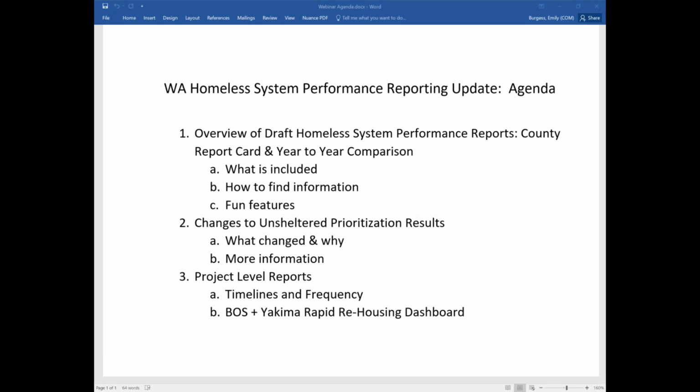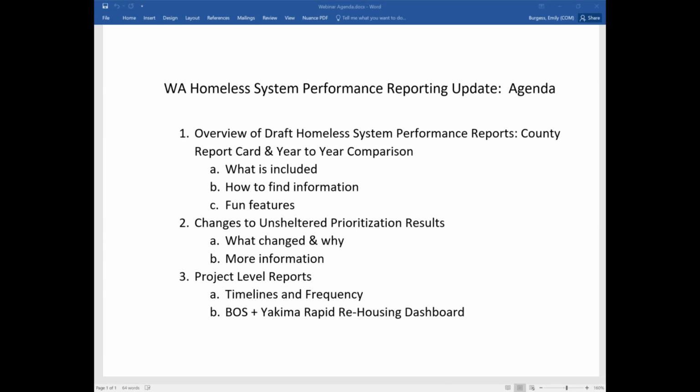So today I'm going to talk about the draft homeless system performance reports that we've just released to you all and to county leads. They're currently in a draft form, but you can feel free to check them out. So we're going to talk about those reports, what's included in them, how to find information, the different features that you can use in the reports.